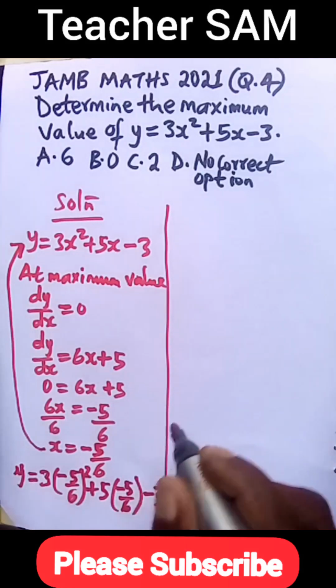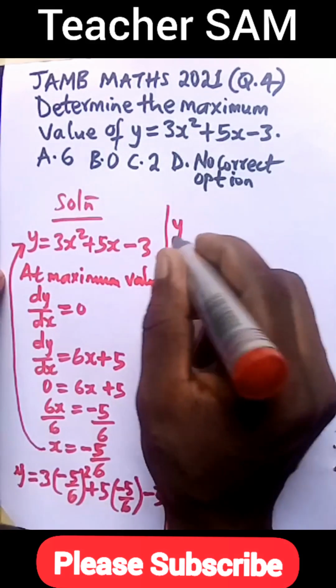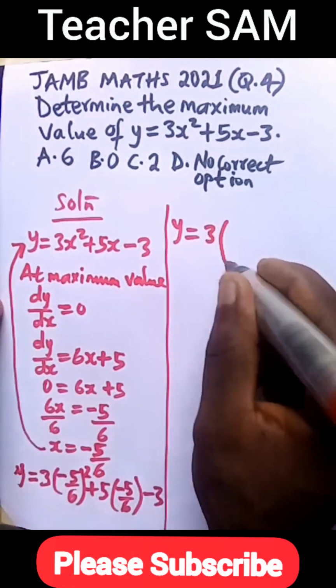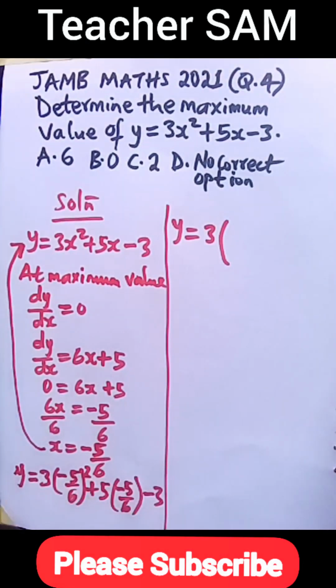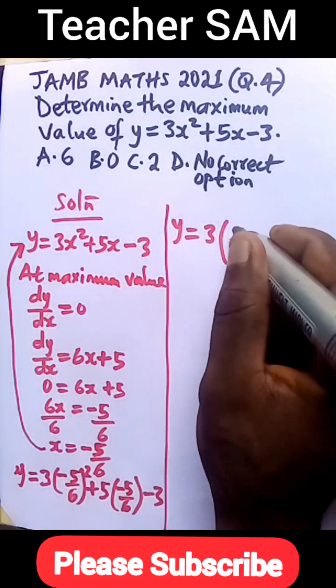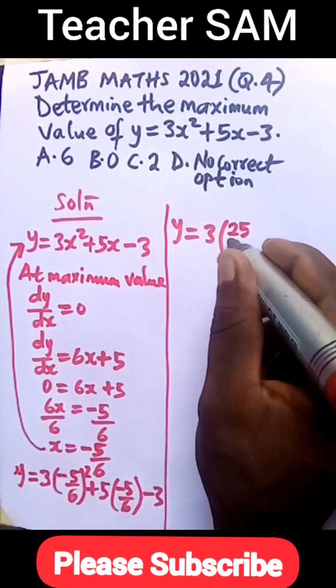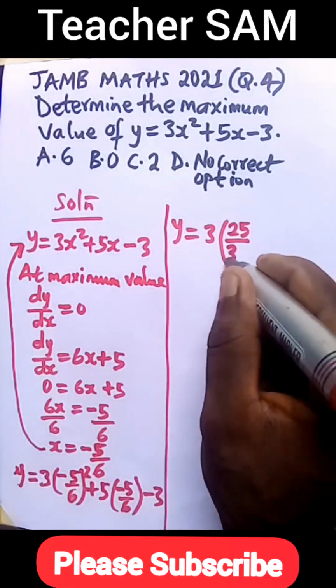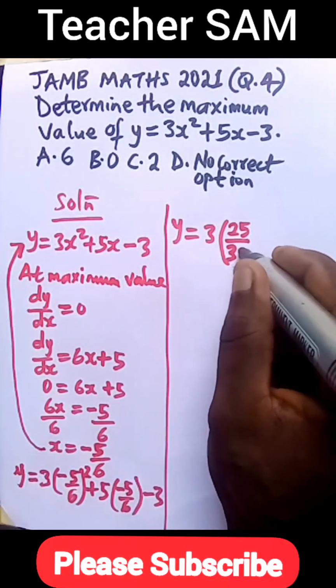So let's go ahead with this. Our y is equal to 3 into, now according to indices, when we have a set of numbers like this, we just have to use the power to multiply their different powers. But in this case, there is a power of 1, so that will be minus 5 squared, and minus 5 squared is 25, all over 6 squared, which is minus 6 times minus 6, which is 36.